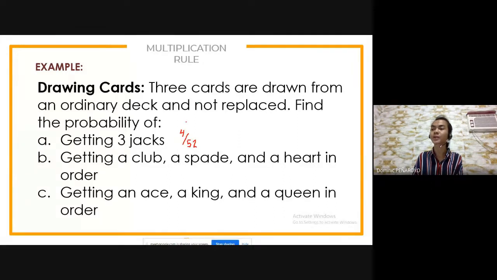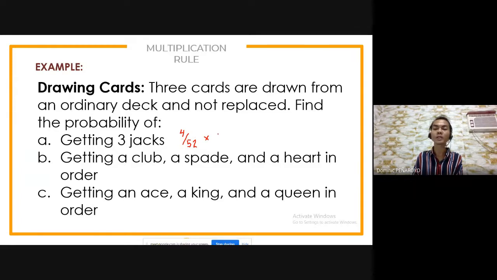So times, okay, on the second draw, what is the probability of getting a jack again? Since we already drew one jack, the probability of getting a jack on the second draw is 3 over 51. Because the first one we drew, which is a jack, we did not return.